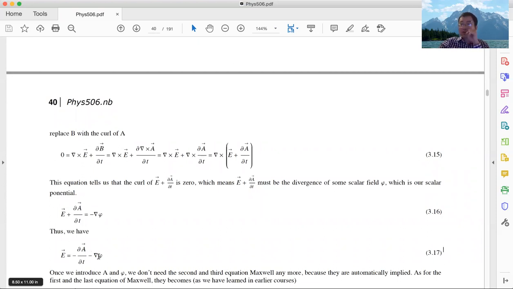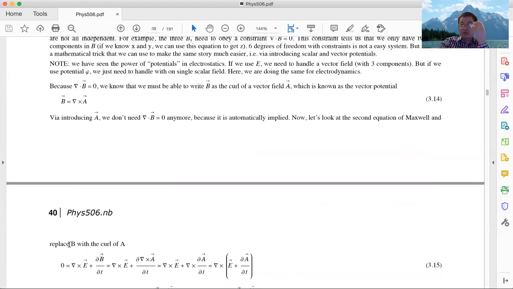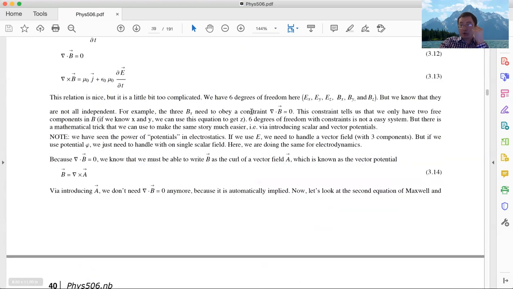First of all, it captures all the same information, but with far fewer components. A and phi only have 4 components at each spatial point: phi, Ax, Ay, Az. That's much better than Ex, Ey, Ez, Bx, By, Bz, which is 6. Okay, so we reduced our unknowns from 6 to 4.